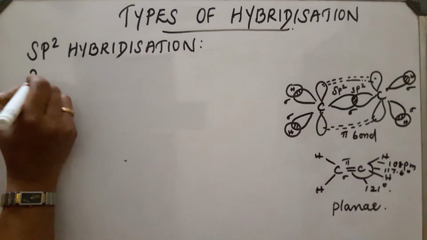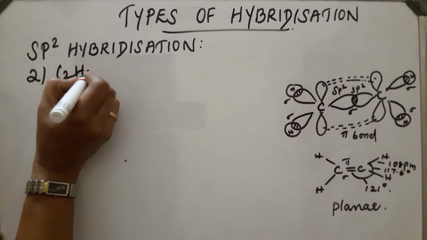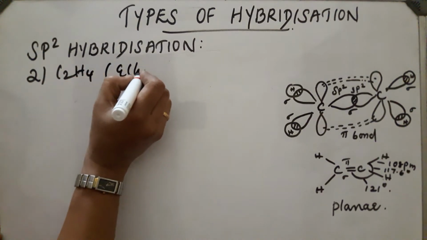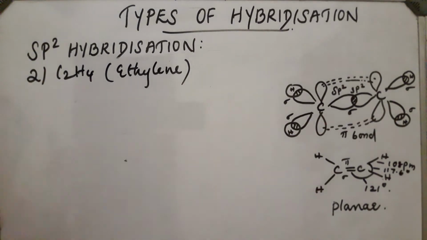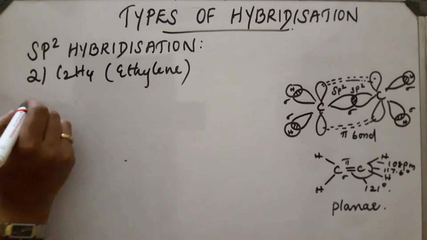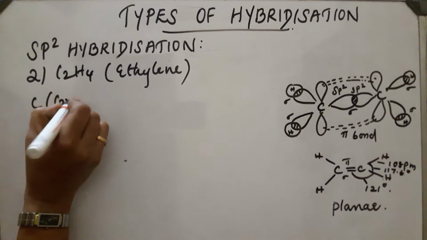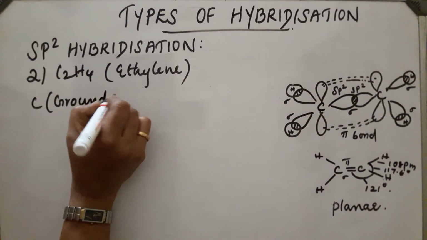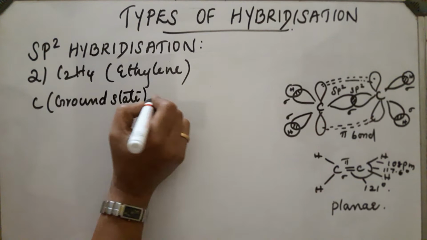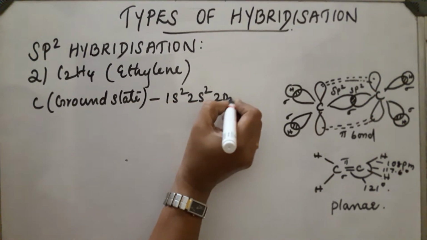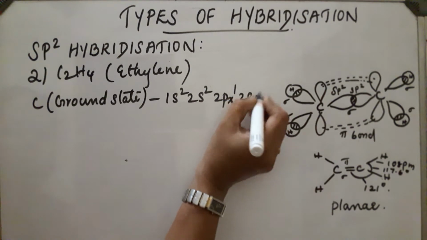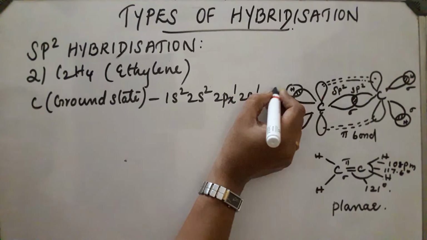Second example, C2H4, ethylene. It contains two carbon atoms and each carbon atom is sp2 hybridized. Carbon in the ground state is 1s2, 2s2, 2px1, 2py1, 2pz0.